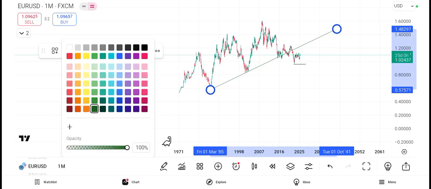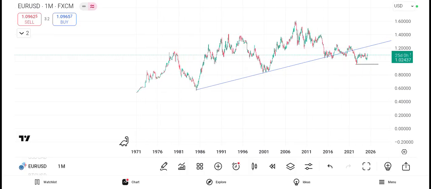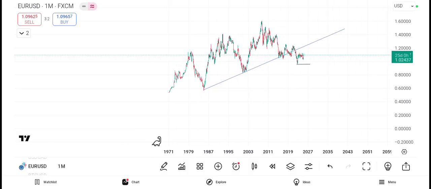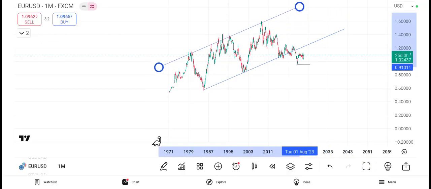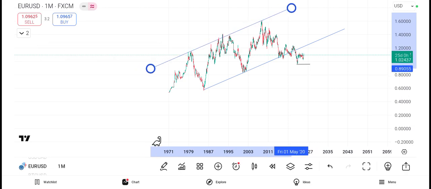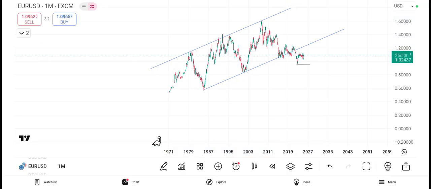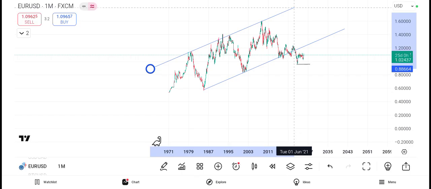Alright, let's use blue. We could see that Euro USD has been pushing. Normally I'm an SMC trader and I don't do this, but I just feel like doing it, since Euro USD is on a sort of trend.